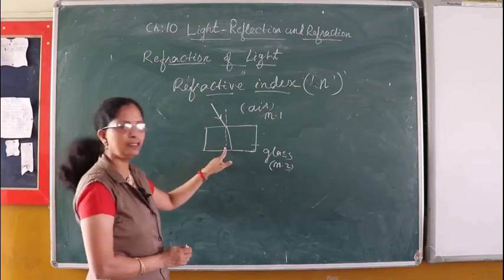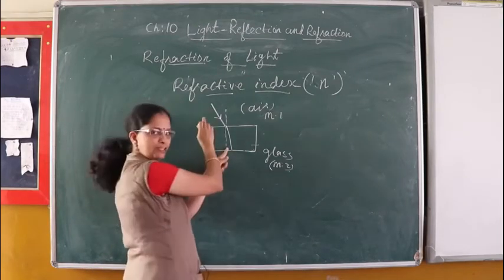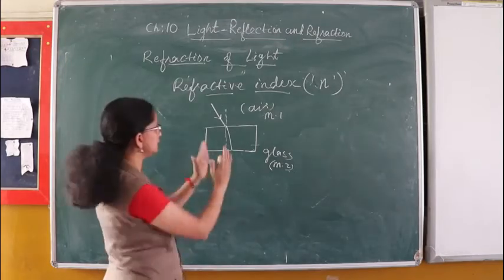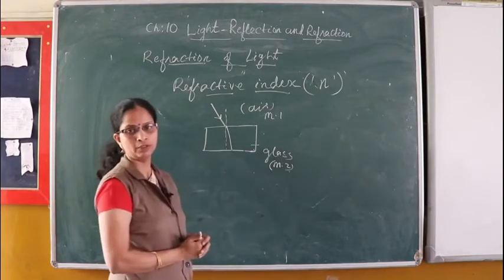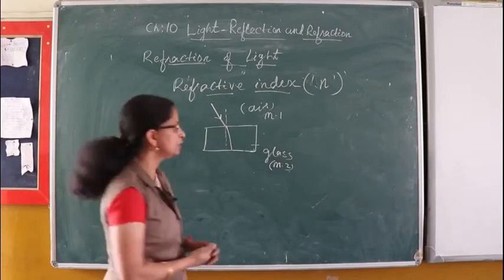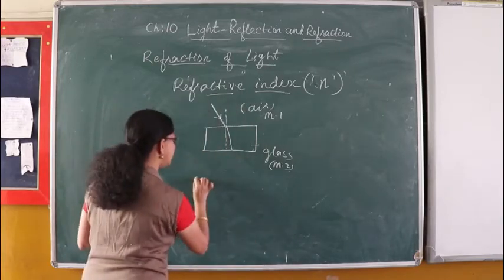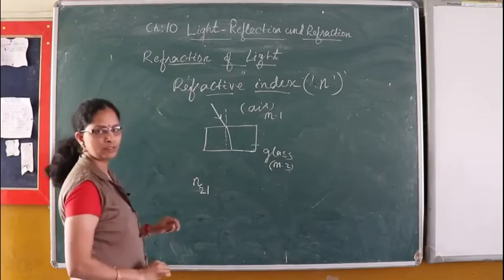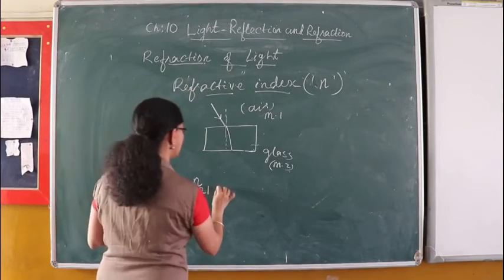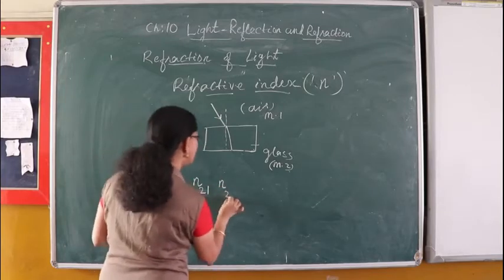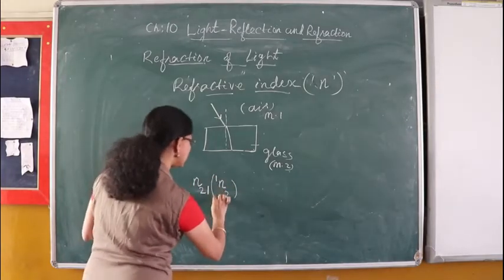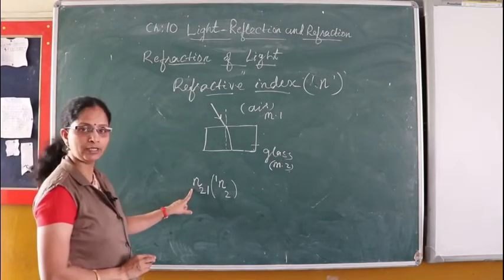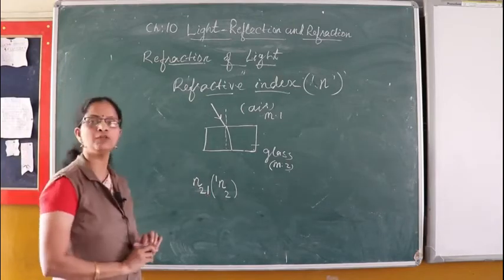It says how much deviation of light has taken place in medium 2, and we know it depends on the speed of light. So we can express this as the refractive index of medium 2 with respect to 1. This can also be written in the other way; the meanings of these two are the same.